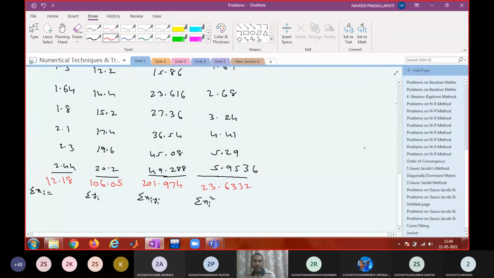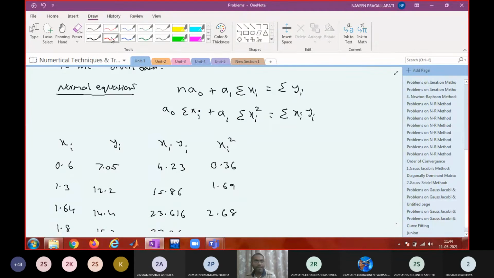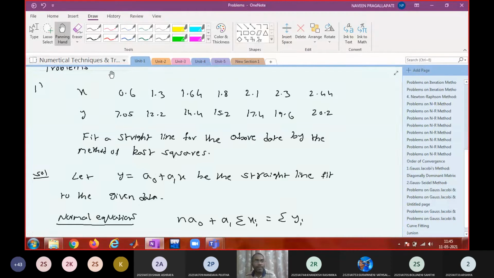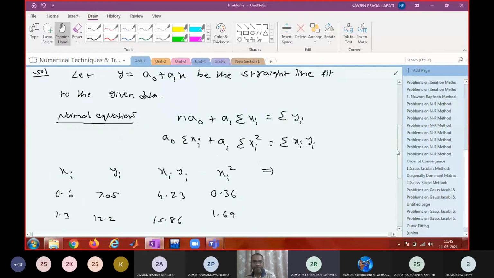Therefore, how many data points are there? 1, 2, 3, 4, 5, 6, 7 data points are there. So 7 a0.